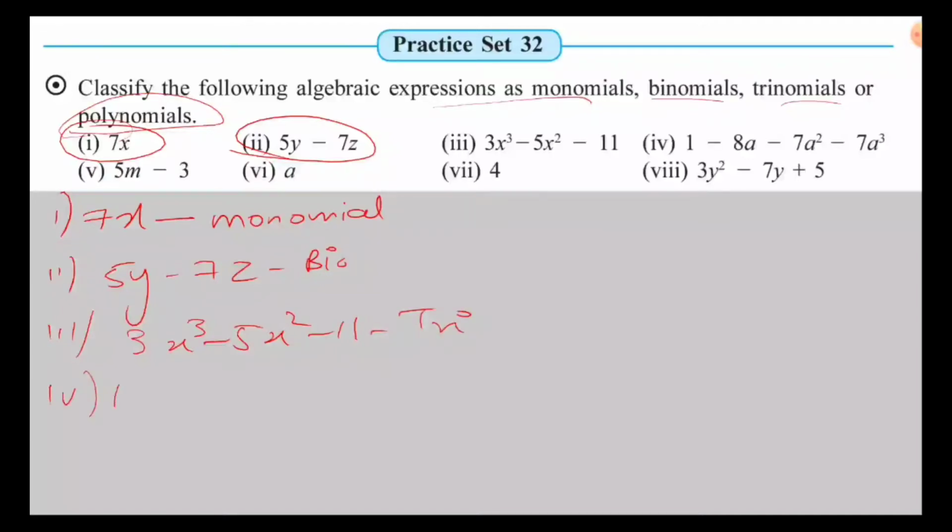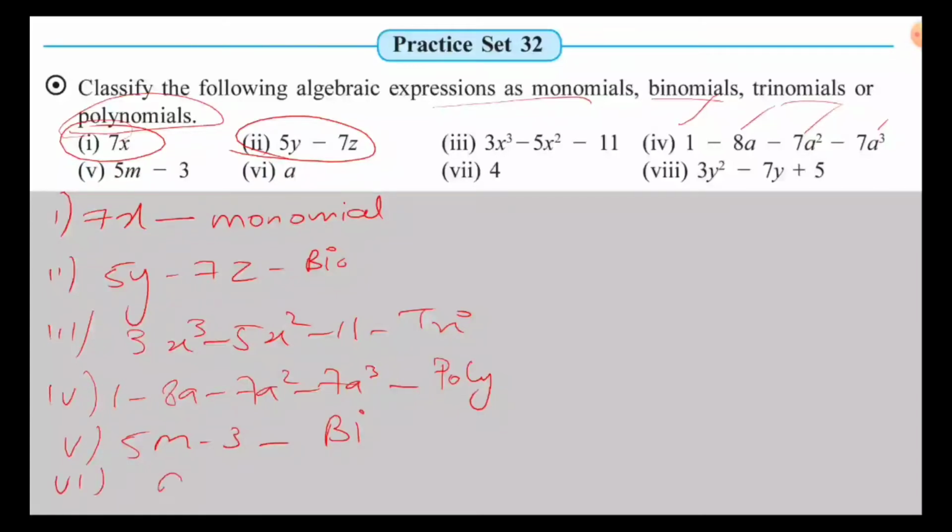Fourth one is what? 1 minus 8a minus 7a square minus 7a cube. This is polynomial. Why polynomial? Because it is having 1, 2, 3, 4 terms. So anything greater than 3 terms is known as polynomial. Fifth sum, 5m minus 3, this is again binomial.